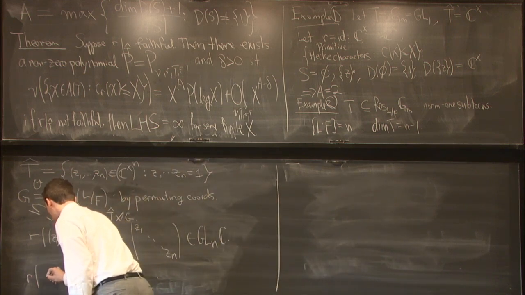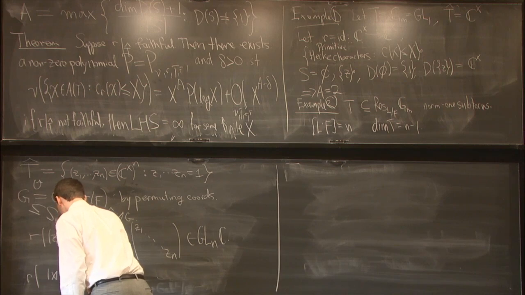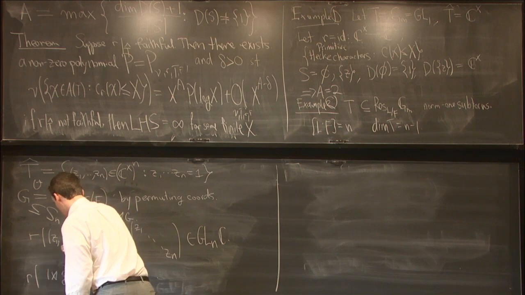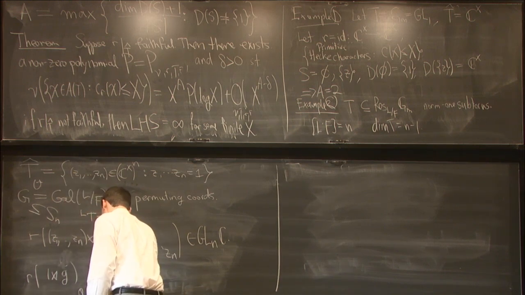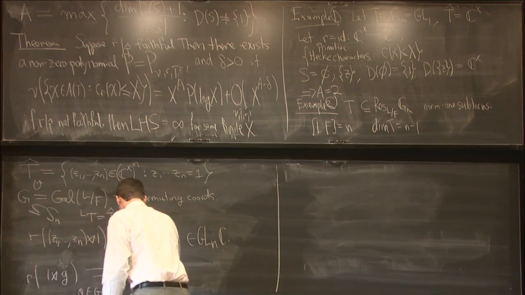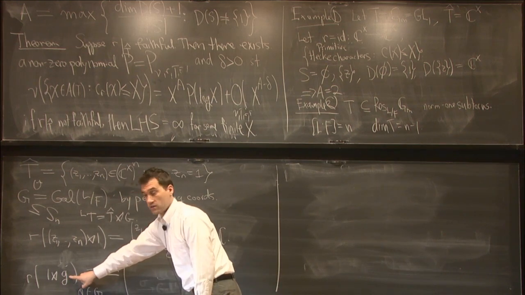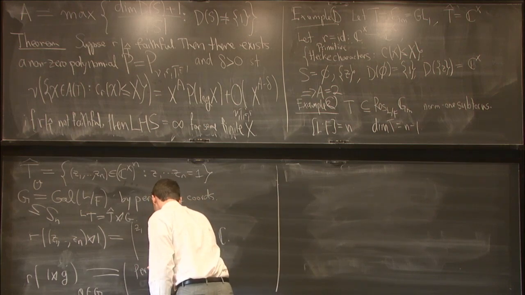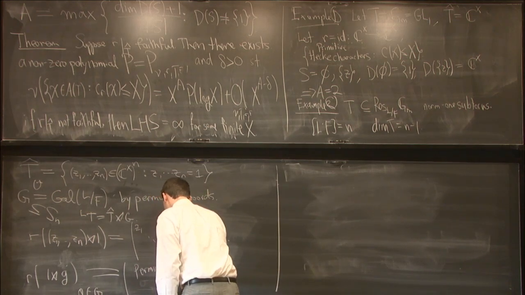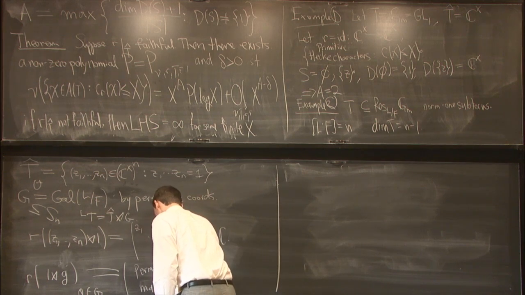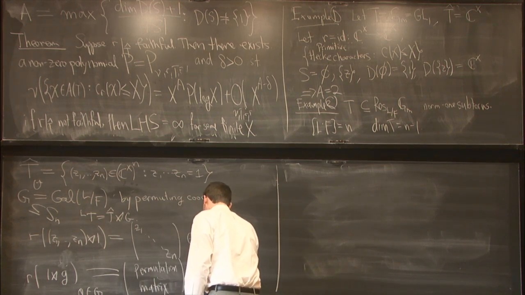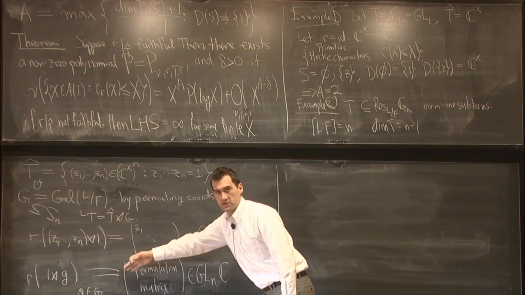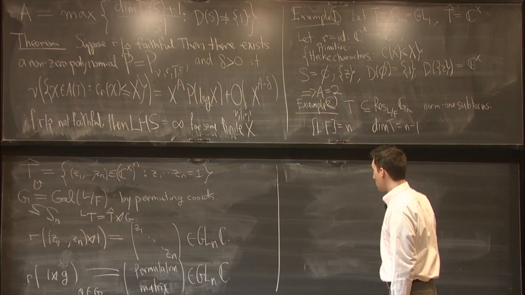And then I'm going to take R of 1 semidirect g, where g is in the Galois group. So I won't write it in this bad way, I'll just write g in G here. This is equal to just the permutation matrix that g defines on these. So between those two, that's enough to determine this representation.